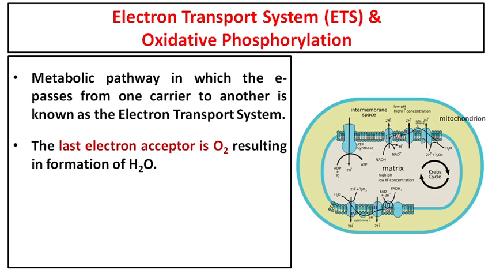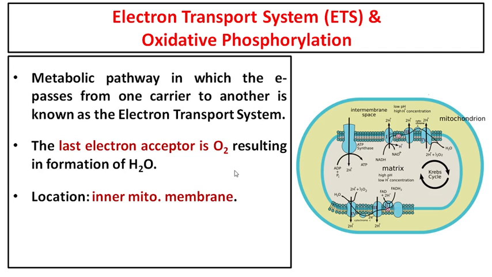Where was this oxygen used? Till the Krebs cycle it is used nowhere. Only in the electron transport system is it used at the end, as the terminal electron acceptor. It will accept the electrons once and for all. After accepting the electrons, it gets joined with 2 H plus, 2 protons, to make one molecule of water.